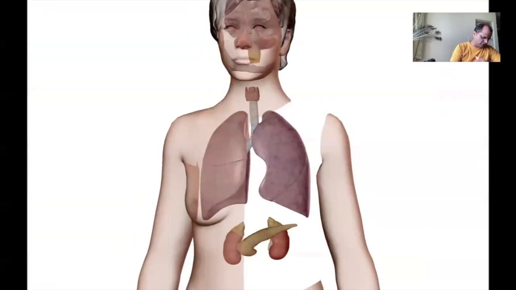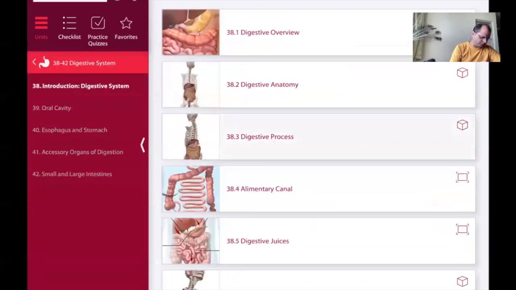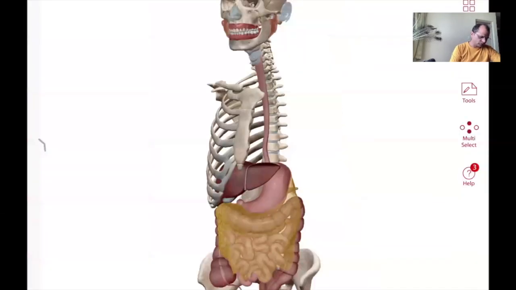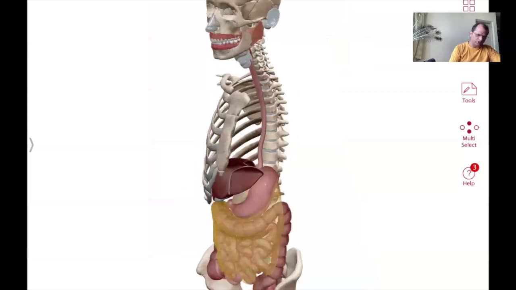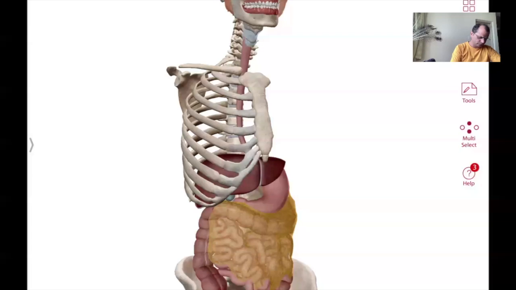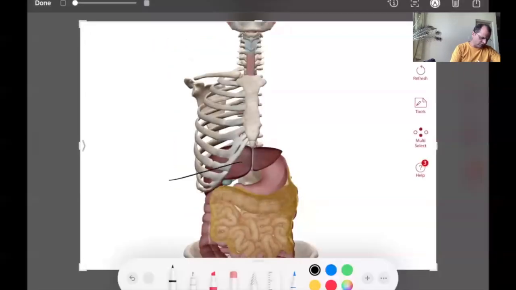So now we can see in this image here. The nerve going out from the cervical vertebrae C3, C4, C5 and supplying your liver, even the diaphragm.